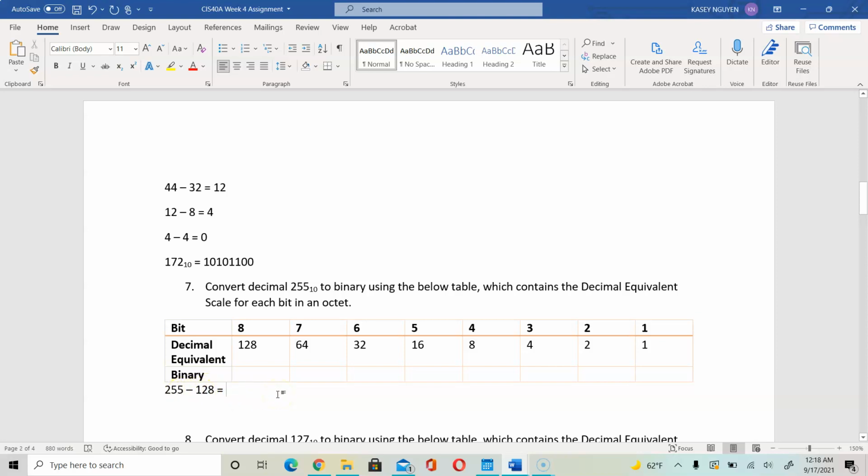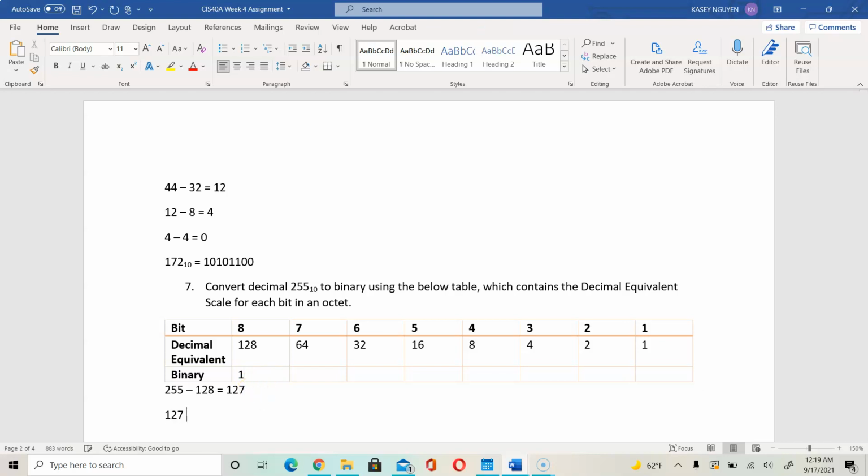we would have 127. Then as we subtract that value, we would put a 1 there.